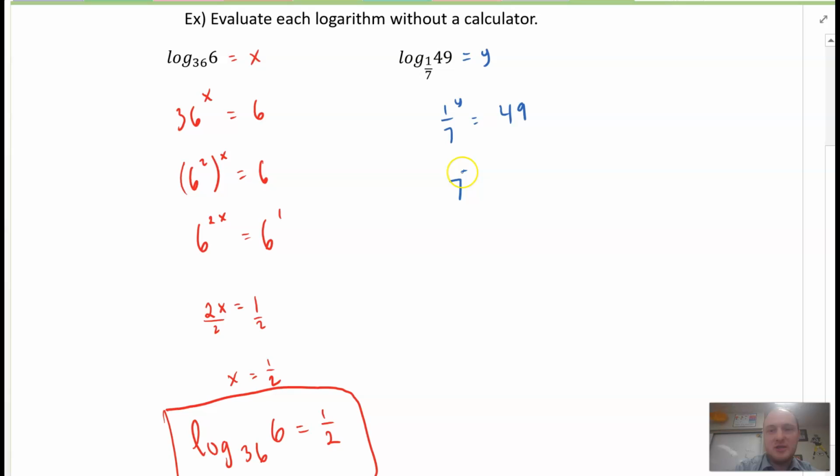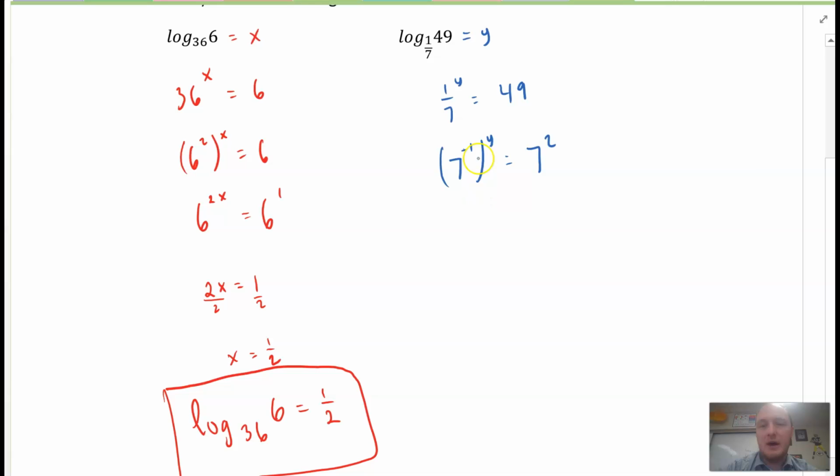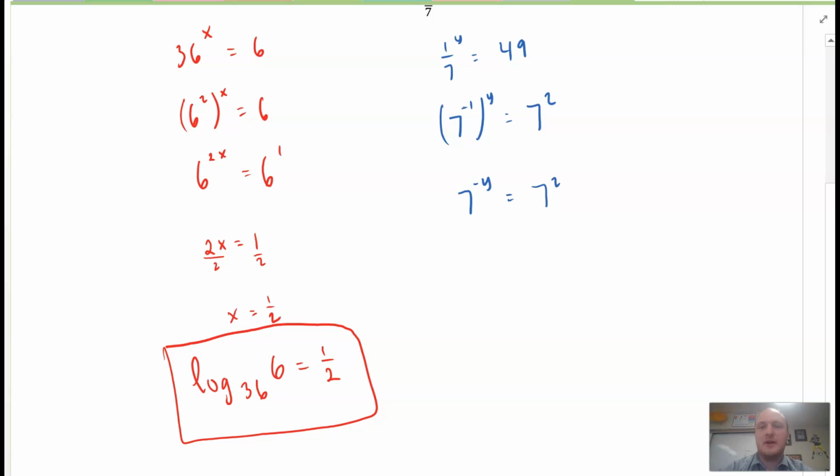So we have 7 to the power of -1, to the power of y, is equal to 7 squared. Now I'll use the power of a power property, which says 7 to the power of -y is equal to 7 squared. And then I'll use the exponential property of equality. -y is equal to 2.